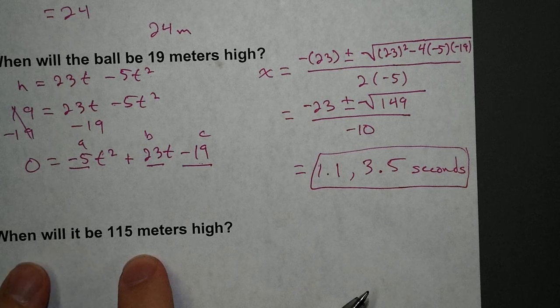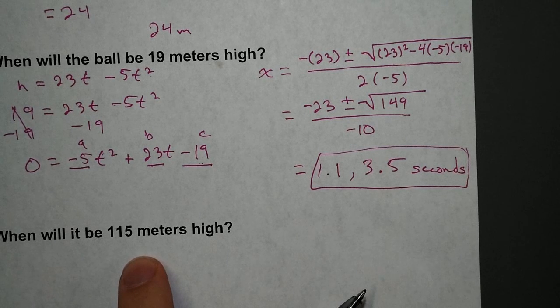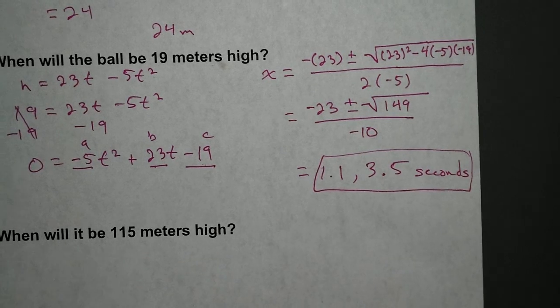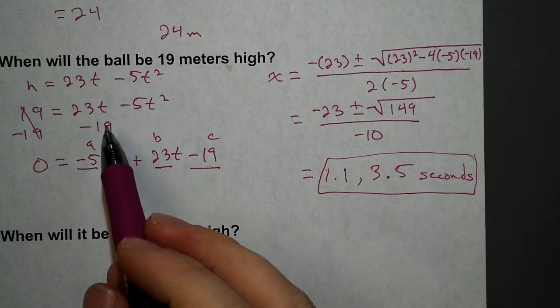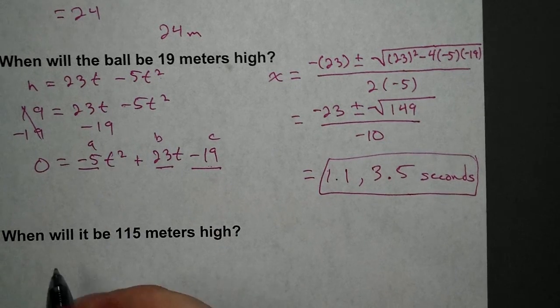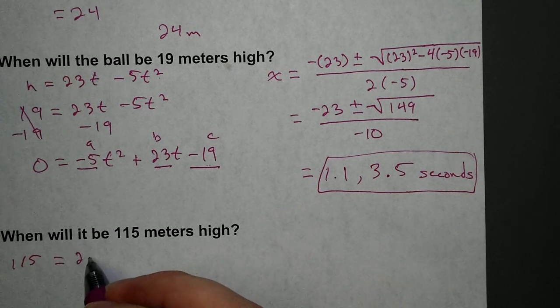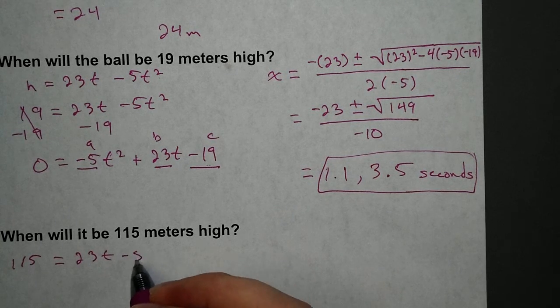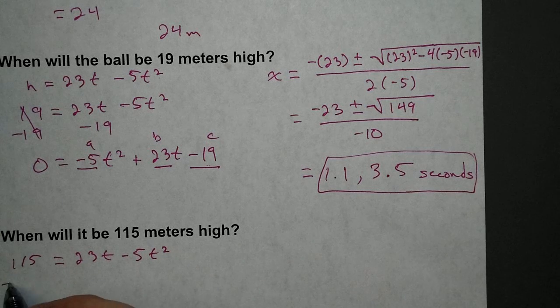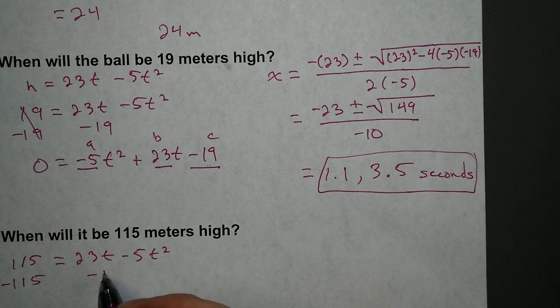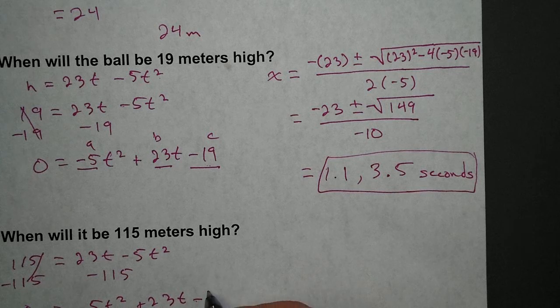Question C says, when will it be 115 meters high? Well, we've got to do the same thing we did here, but instead of 19, we're going to plug in 115. So 115 equals 23t minus 5t squared. We've got to make it a quadratic. We get negative 5t squared plus 23t minus 115.